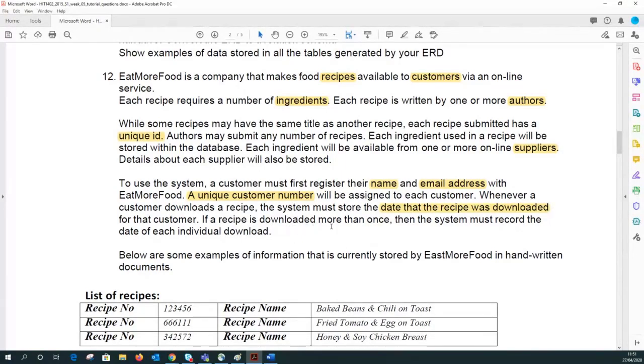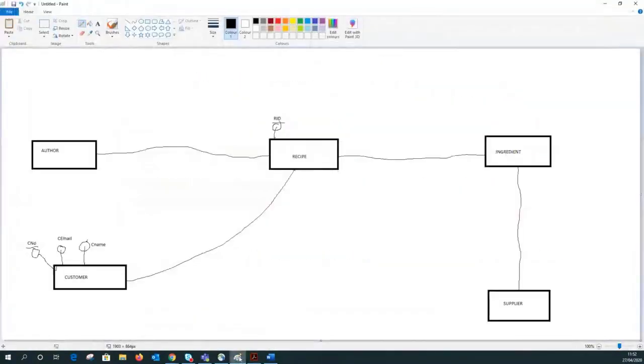If the recipe is downloaded more than once, so that means the system must allow a customer to download the same recipe more than once, right? The system must record the date of each individual download, right? Now we have a clue.